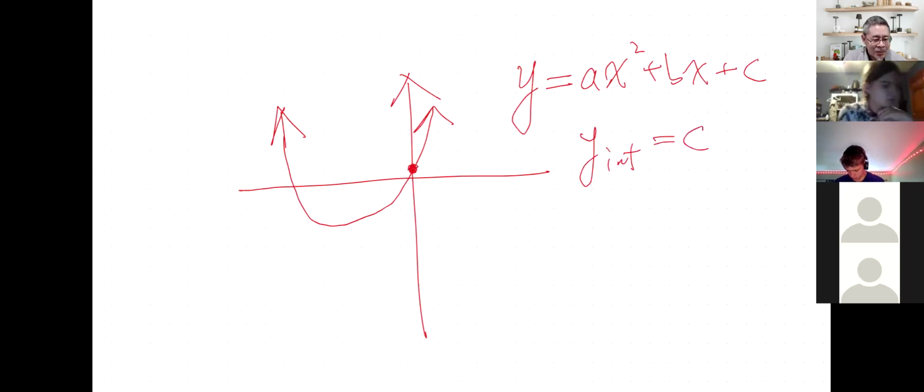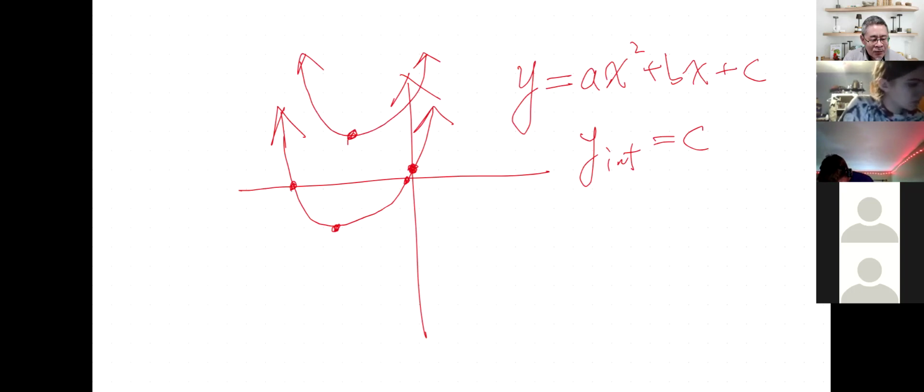But the x-intercept you don't always have. In this case, we do. But sometimes you'll get a curve like this, where you have a vertex but you don't have an x-intercept. Now, finding the x-intercept, that's where we use another formula called the quadratic formula, because at these 2 points, y is 0.